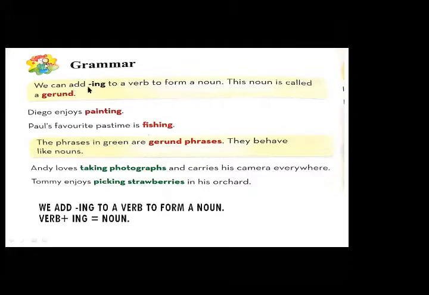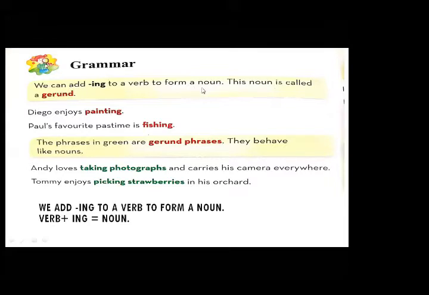We can add ing to a verb to form a noun. This noun is called a gerund. So here we are discussing gerunds. Gerunds are the words which act as a noun.